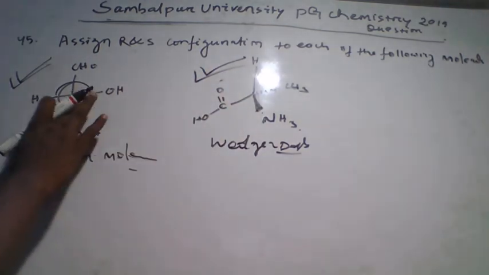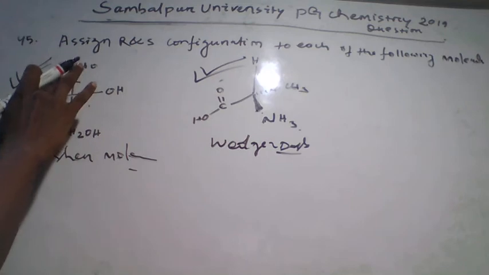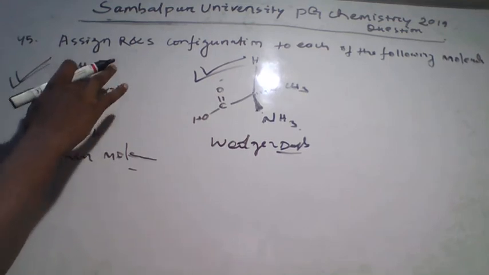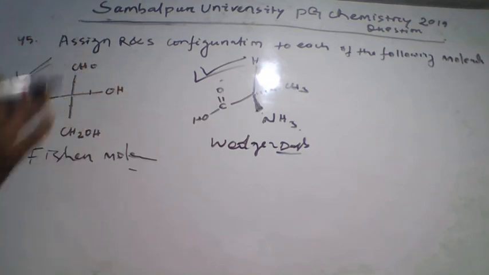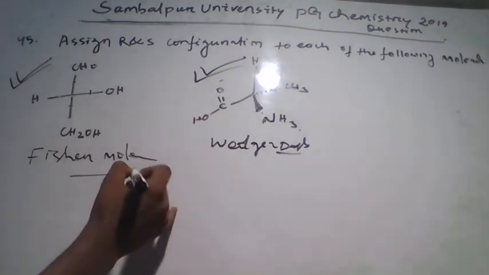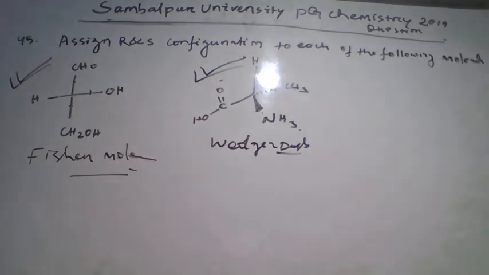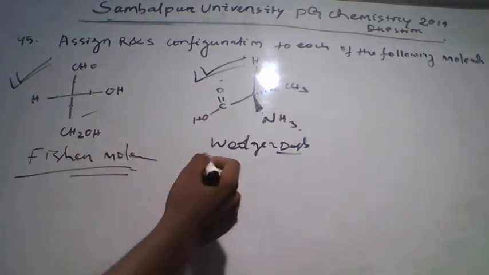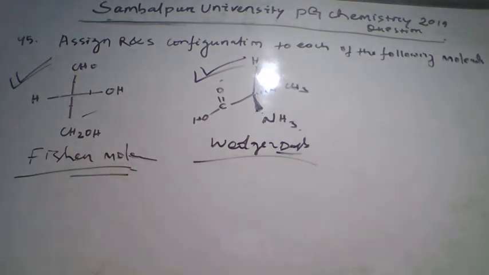Okay, and you have to remember the rules to predict the RS configuration for both these molecules. You have to remember the rules for each, the Fischer molecule and the wedge-dash molecule.